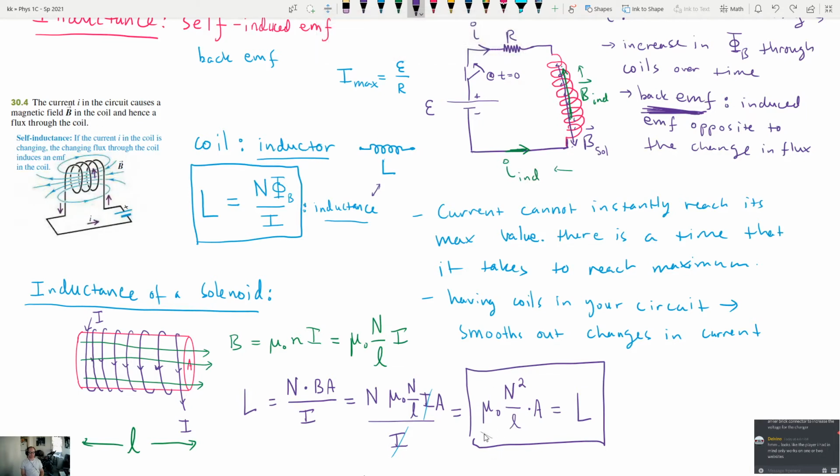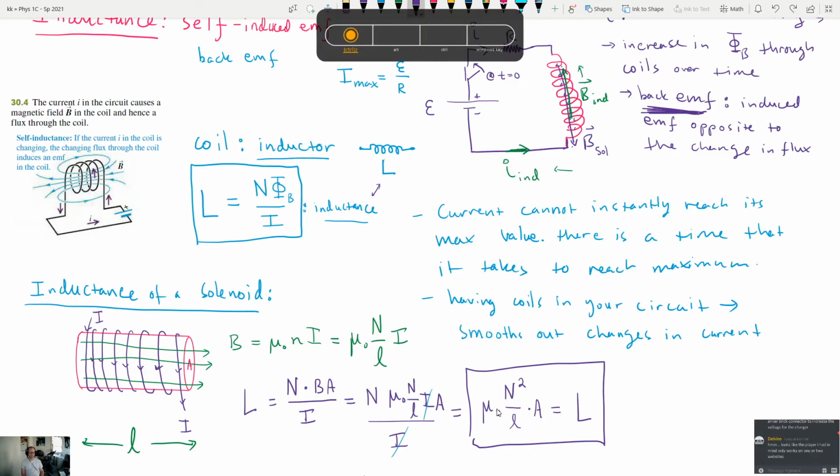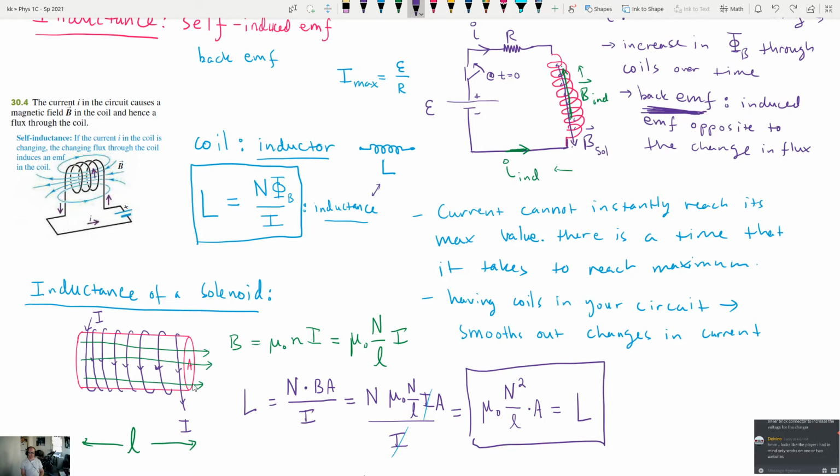This value of mu naught is the value if the center of the solenoid has air in it, or empty space. If you put an iron core in there, the value of mu can increase by a factor of like 100 to 1,000 or so. So you can get even bigger inductance by putting iron inside of this, for example, or different other materials.